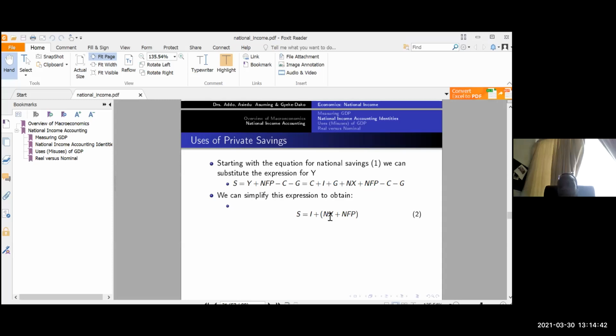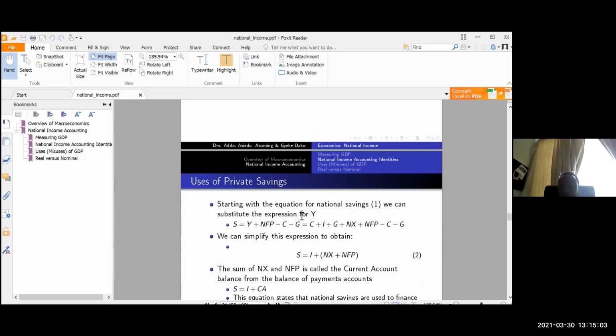Once again, you hope that your net export is positive, so you're exporting more than you're importing. And then plus NFP, net factor payment from abroad. That will give you the total savings in the economy.